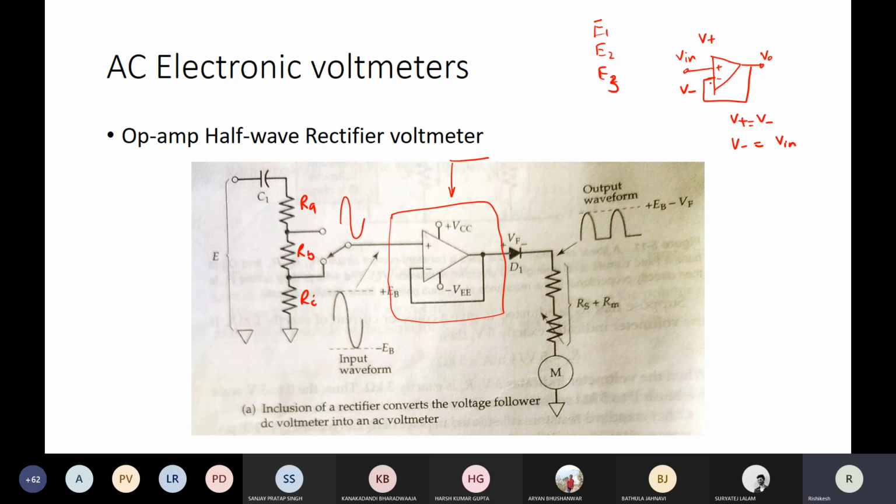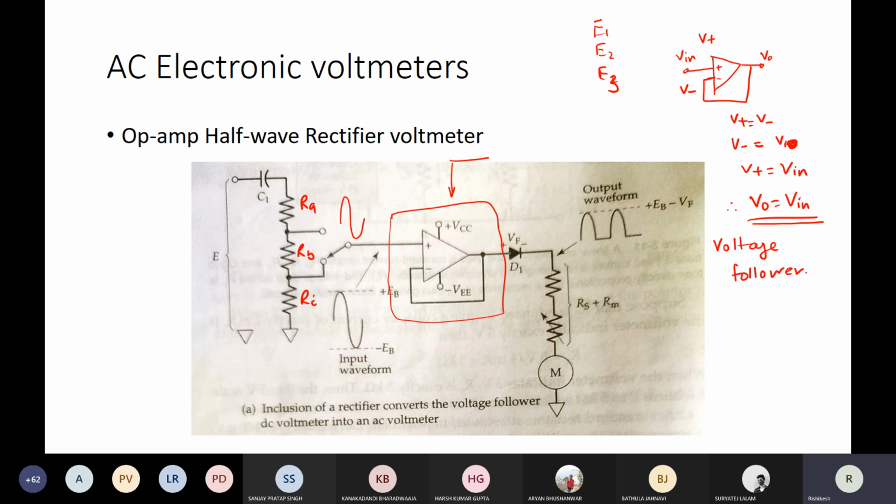V minus is connected to V0, and V plus is V in. Therefore, V0 is equal to V in. Which is this configuration? We gave some name to this. Voltage follower. Yes, this is a voltage follower.